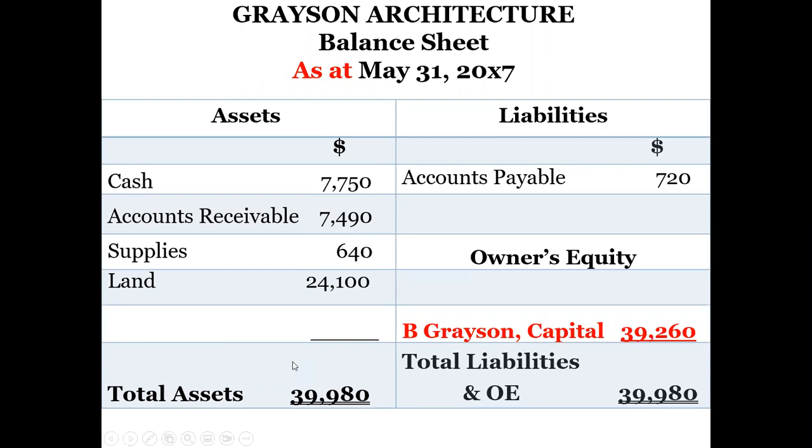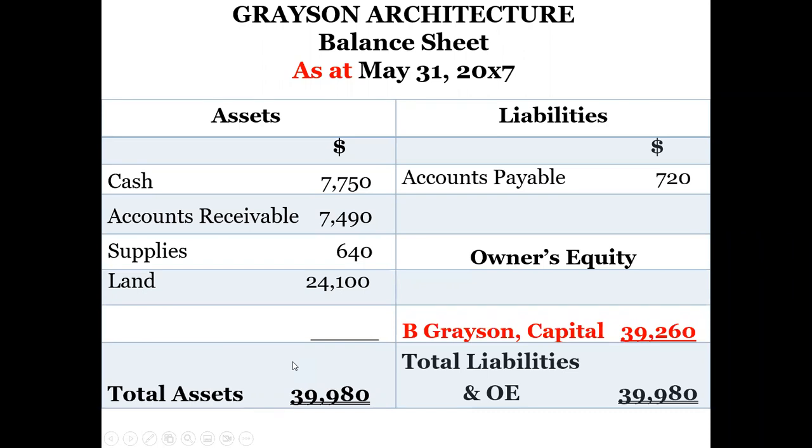So look here now. Supposing that Grayson wanted to get a short-term loan from the bank. Remember, the bank would need his financial statements, because the bank is going to be deciding whether they should lend.